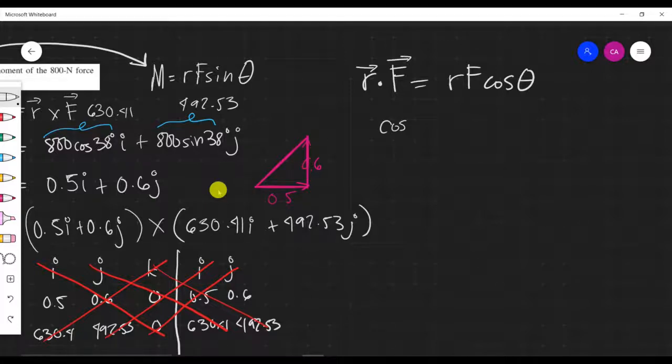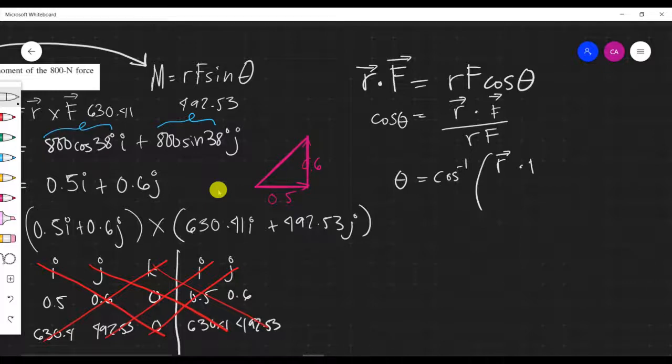So, cosine theta will be equals to the R dot product with F over R and F. Then, theta is equals to arc cosine of R dot F over RF. Okay? So, yun yung formula natin.